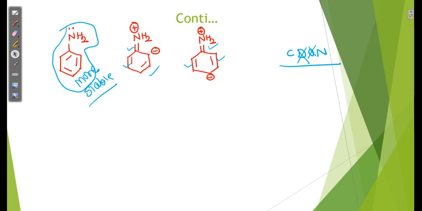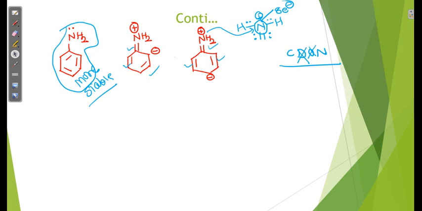There is no need to see the octet, because the negative charge on carbon and the positive charge on nitrogen both have complete octets. If you want to see, I show you here. Suppose this is the structure of nitrogen. So this is 2 electrons, this is 2 electrons, this is also 2 electrons, this is 2 electrons. So the total number of electrons is 8, right? So in both structures, the octet is also complete.